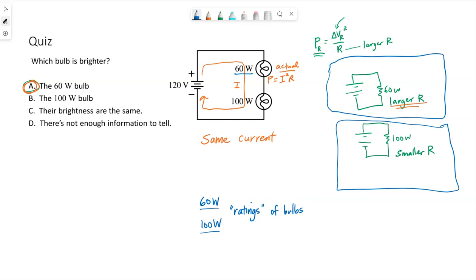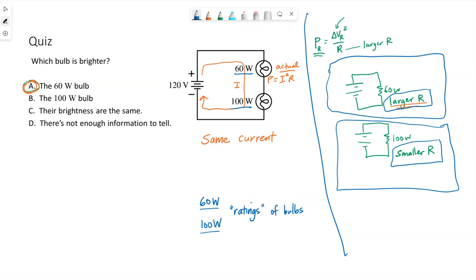So when they label the 60 and 100 in the circuit, they're essentially giving us two specific resistor values of sorts. We had to reason out which one had the larger resistance and smaller resistance based off of the assumption that they were alone connected to a power source.